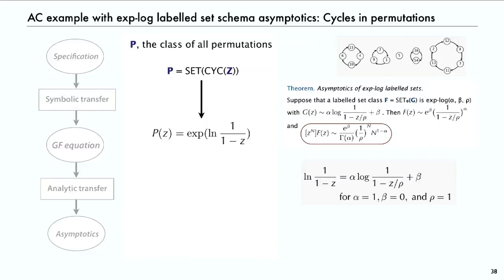So we're going to apply the theorem and find that alpha equals 1, beta equals 0, and rho equals 1, as I said. So we get the asymptotics immediately. E to the beta is 1, gamma of 1 is 1, 1/rho is 1. All that we have left is 1.